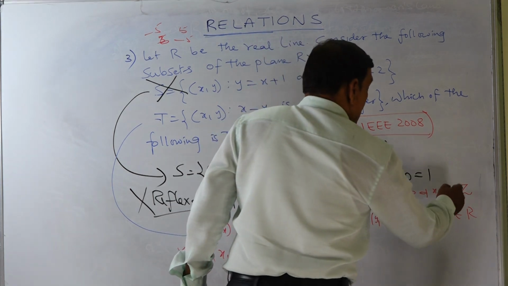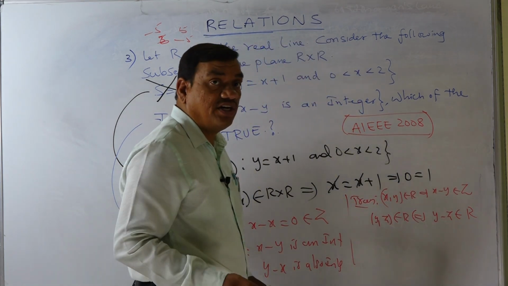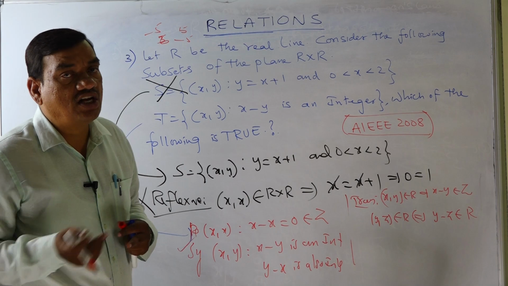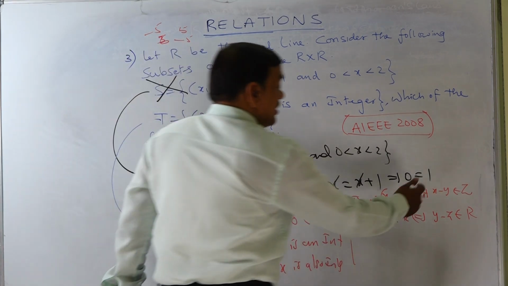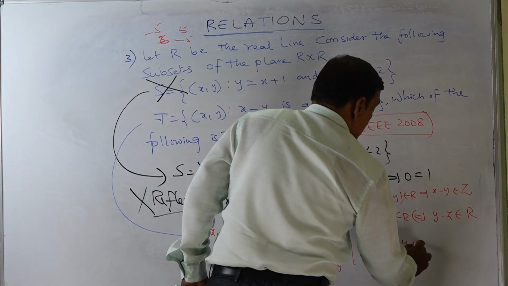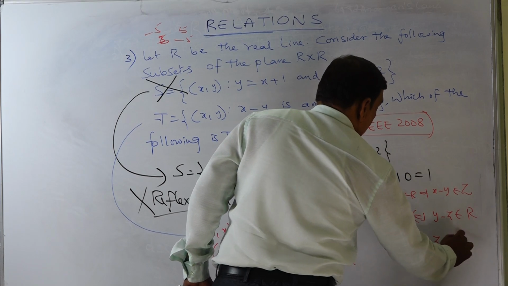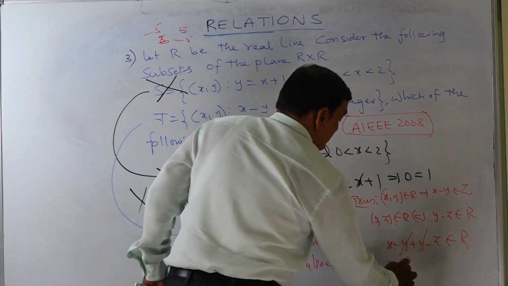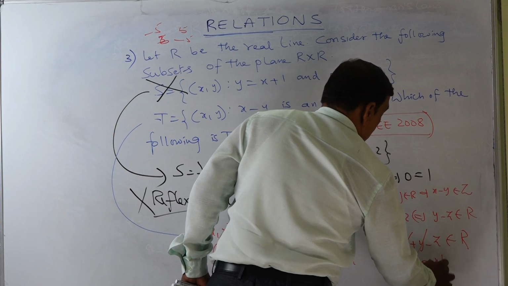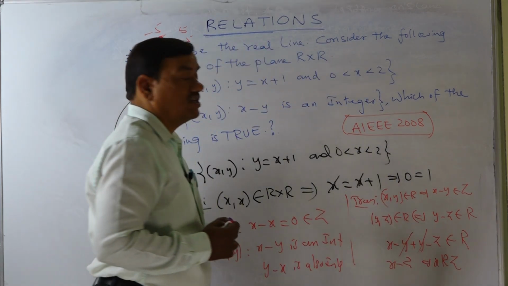For example, 2 is an integer, 3 is an integer, 2 plus 3 is also an integer. Therefore, x minus y plus y minus z, the y's cancel, gives x minus z. So x is related to z.